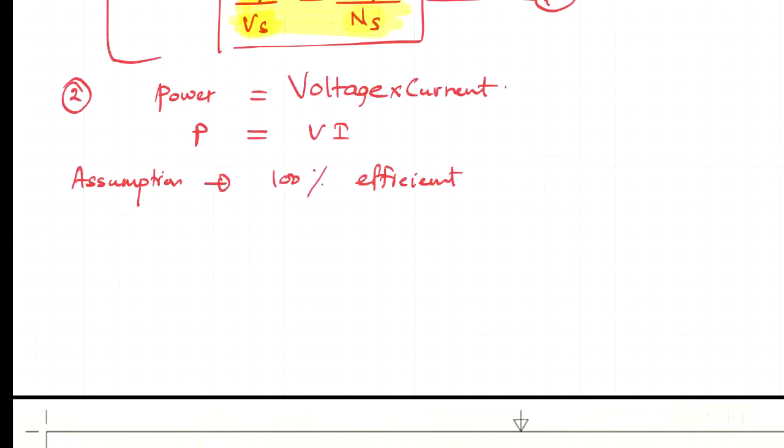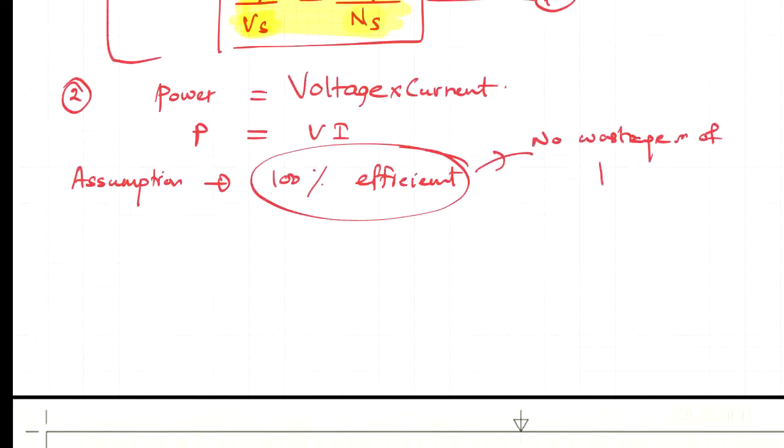Efficient means there are no wastages of power. It is not going to be wasted into different sorts of waste energies. So we are assuming that it is 100% efficient.